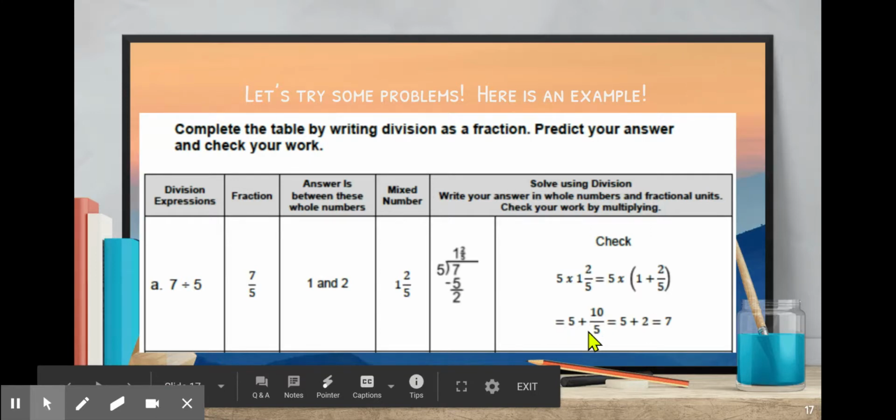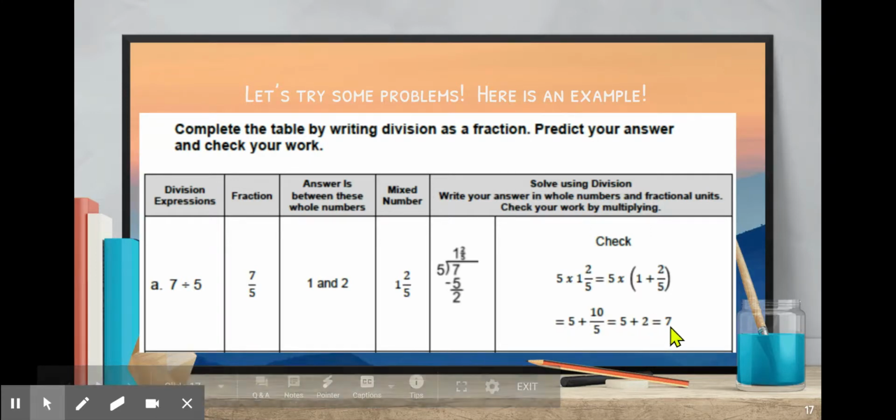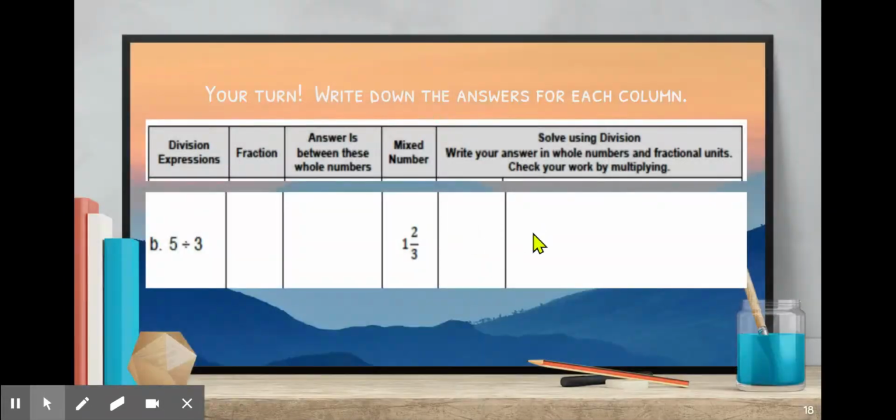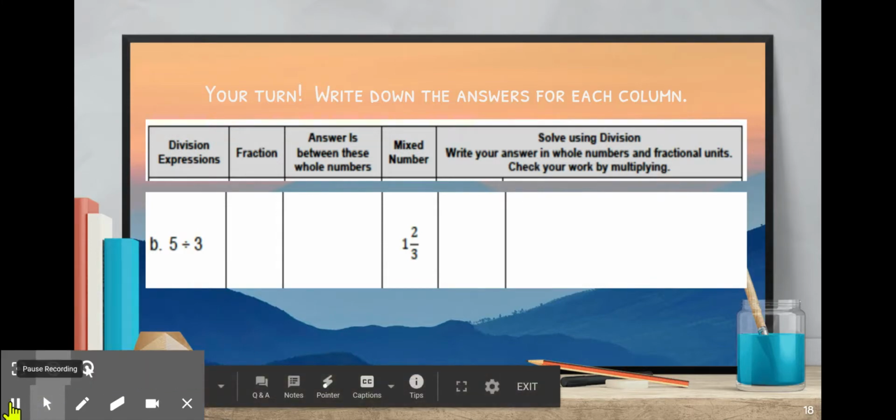Here's what that would look like. And notice that my answer is 7. That matches my original dividend. This checks out. Now it's your turn. Pause the video and fill in the columns, and then come back and check your answer.